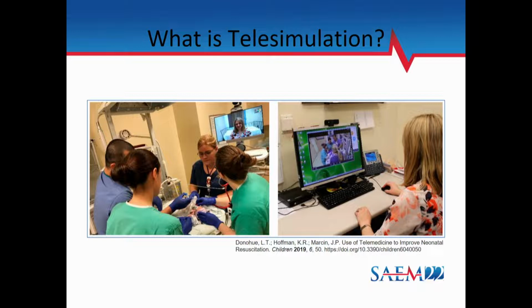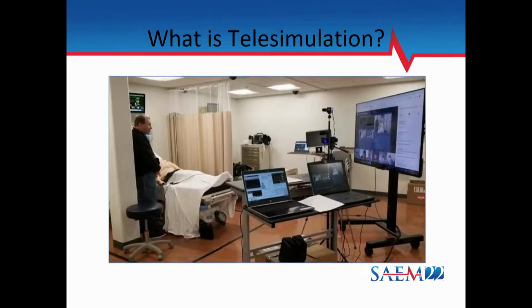In this particular example, the learners are practicing NRP in a rural ED pediatric environment, and the facilitator is an NRP expert from an area far away because they don't have access to NRP expertise at that rural hospital. It can also occur the other way around.